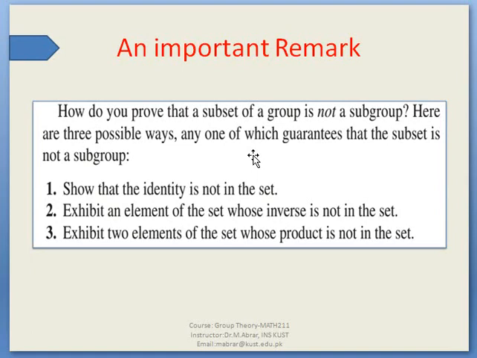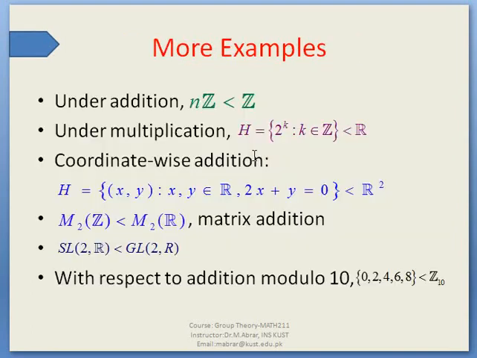If there is some element whose inverse is absent in that set, then we say it cannot be a subgroup. And if we take two elements and the product is not there, then we say it cannot be a subgroup.